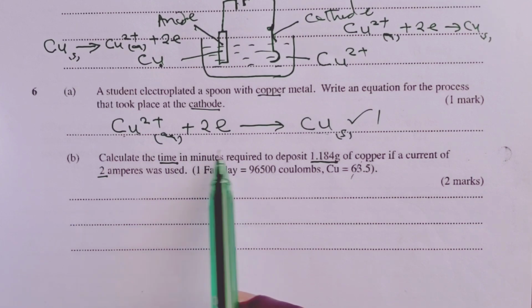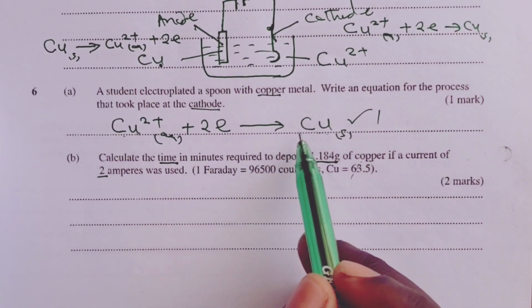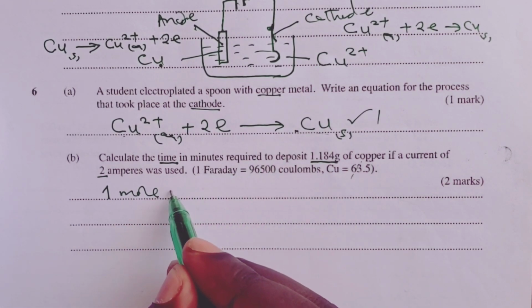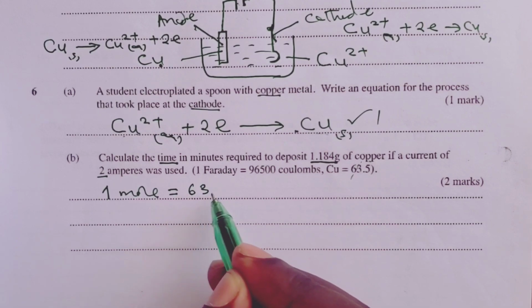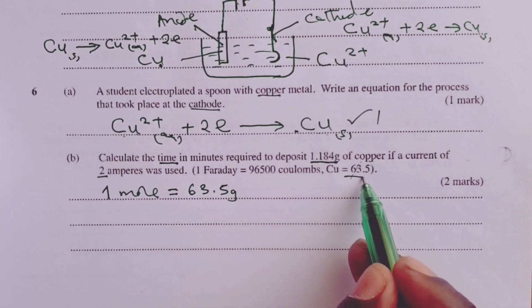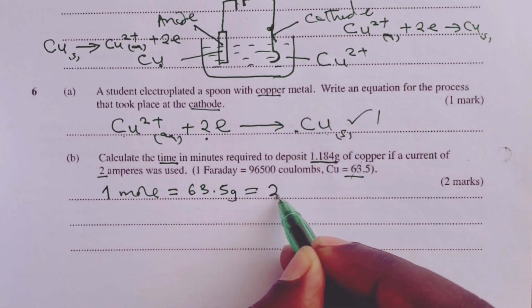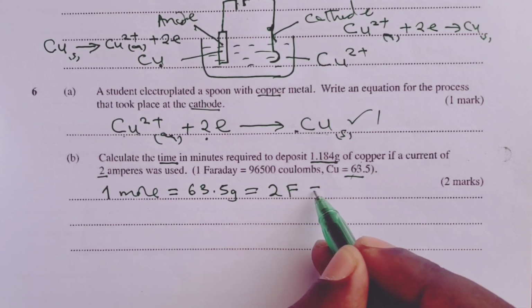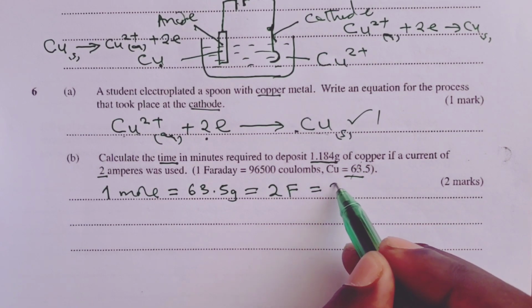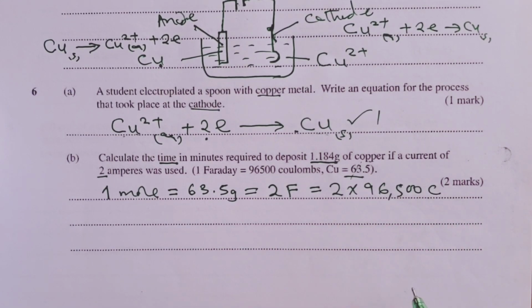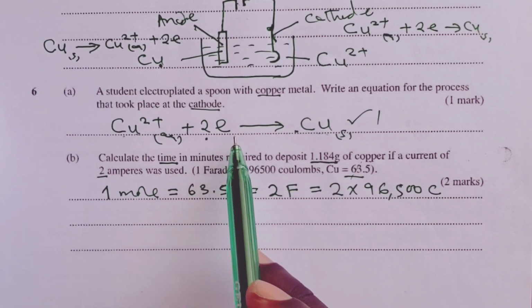So the interpretation of this equation is that to deposit 1 mole of copper, which is equivalent to 63.5 grams of copper, we need 2 moles of electrons, which are equivalent to 2 Faradays. This is equivalent to 2 multiplied by 96,500 coulombs. That would be the understanding of our equation written in part A.